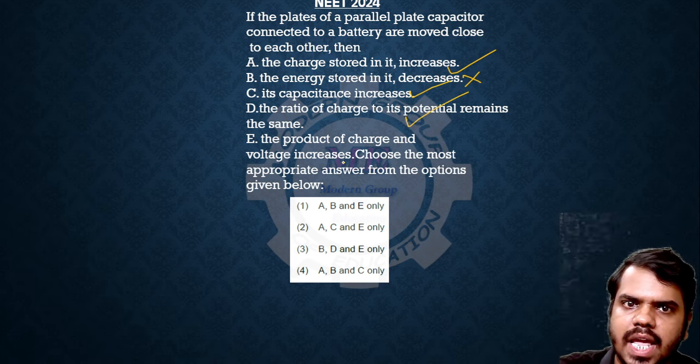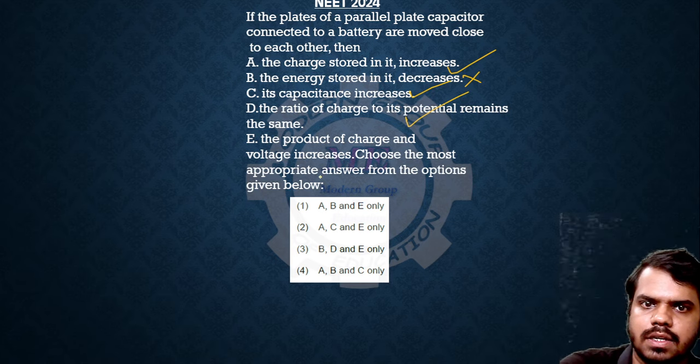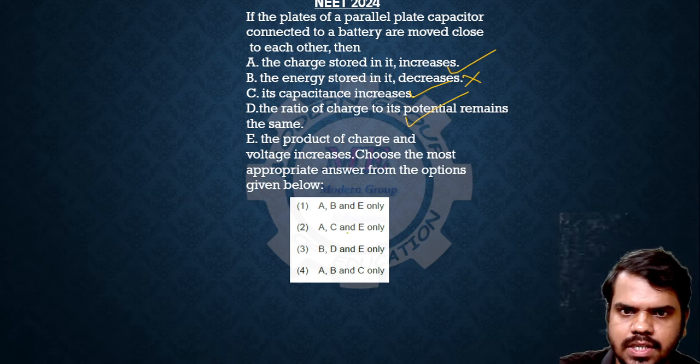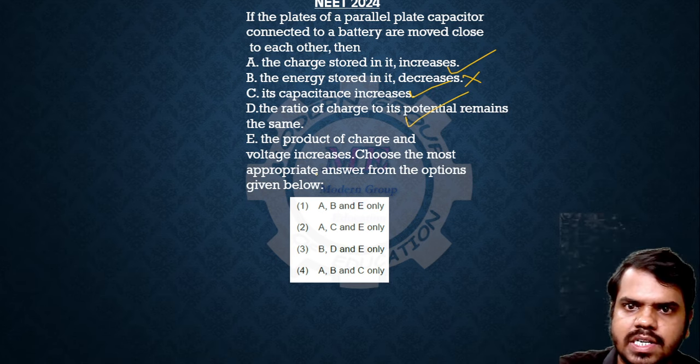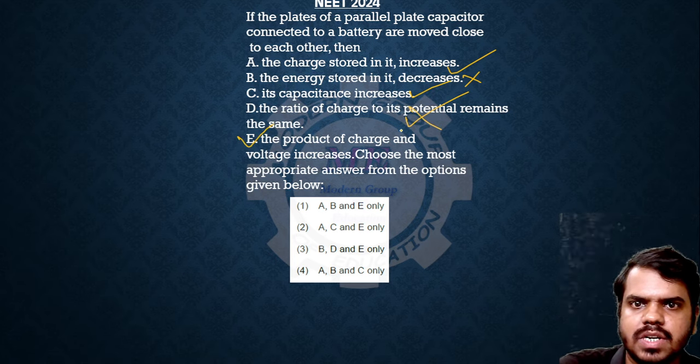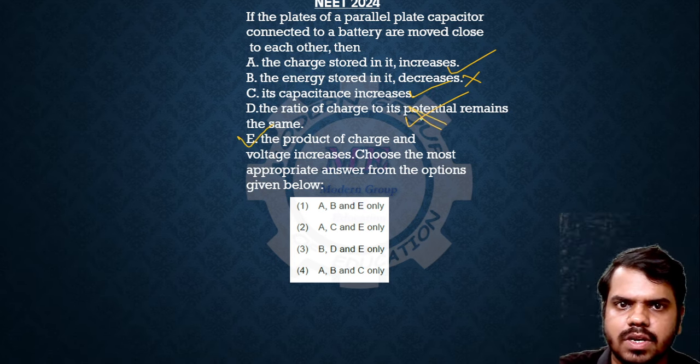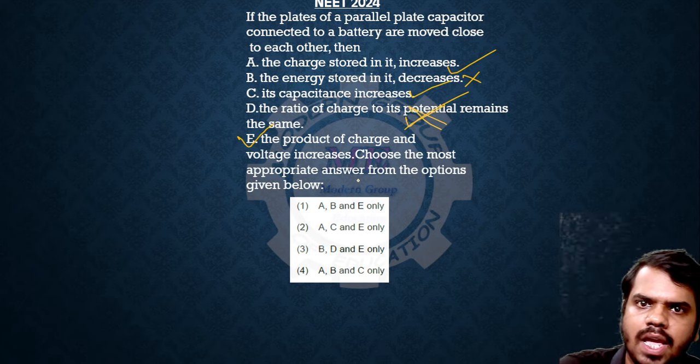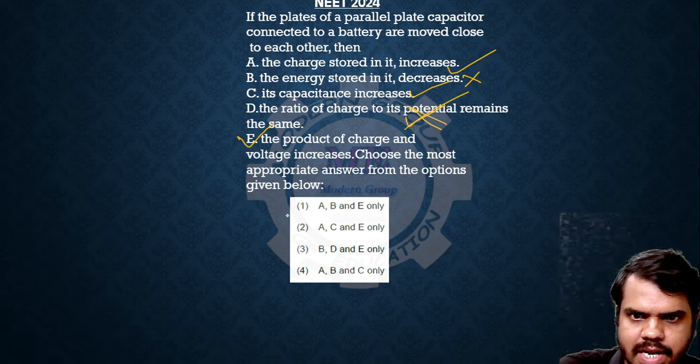So the product of charge and voltage increases. Option E is correct. Options C and D are incorrect because the ratio of charge to potential remains the same. So the correct options are A, B, and E. Option 1 is correct.